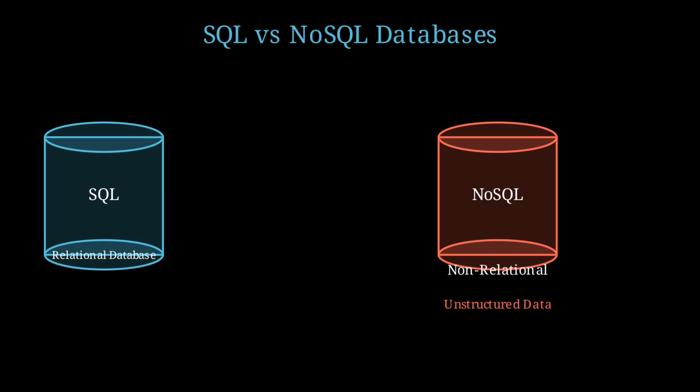If the amount of data is huge, like terabytes of data, you can go with a NoSQL database. There are many advantages of using NoSQL to maintain a huge amount of data. In further videos, we will discuss in detail what SQL and NoSQL databases are. For now, I'm just giving the idea.